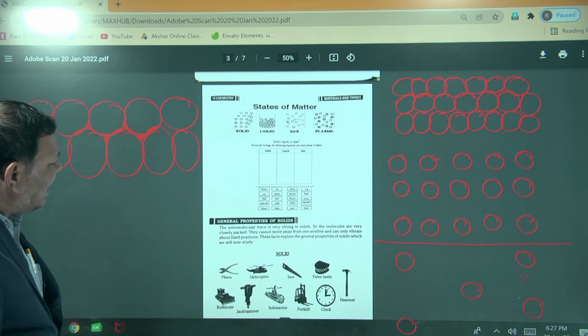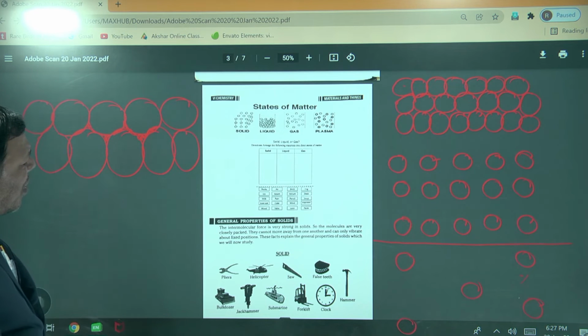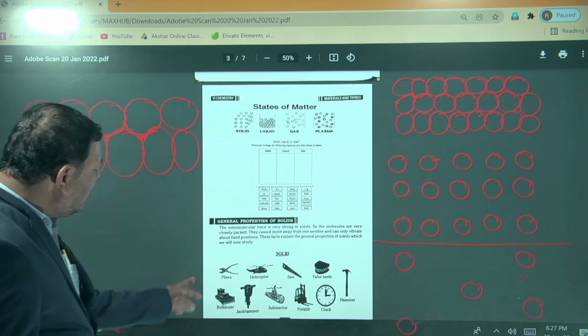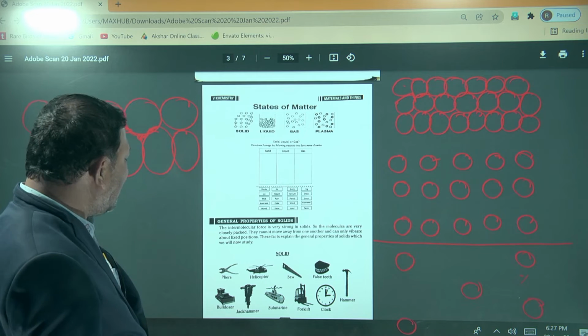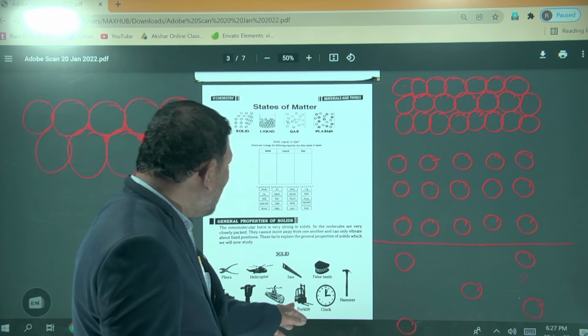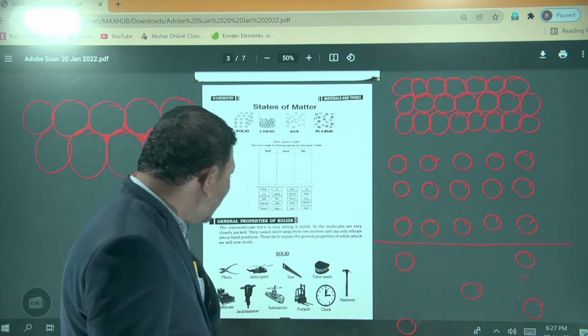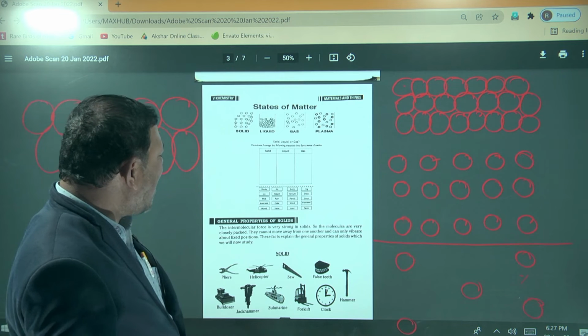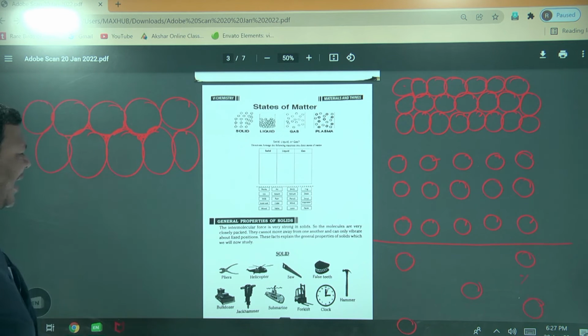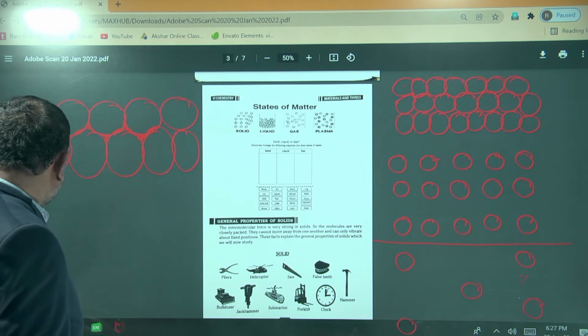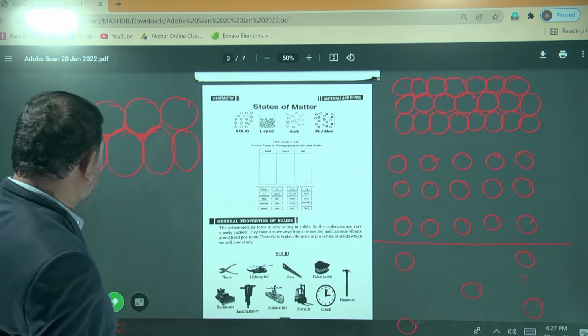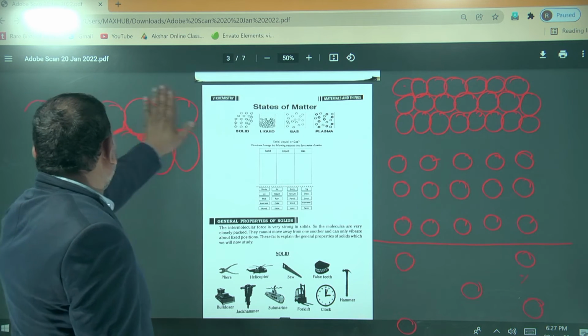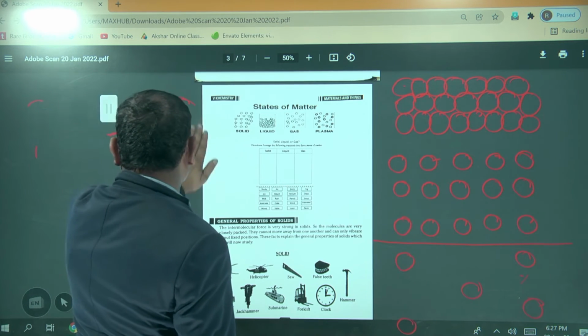Pliers, helicopter, saw, false teeth, bulldozer, jackhammer, submarine, fork lifter, clock, hammer. These are all examples of solids.